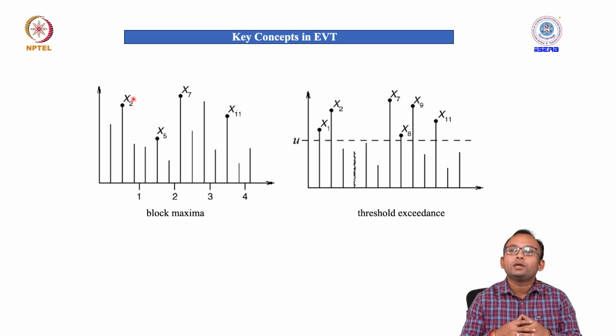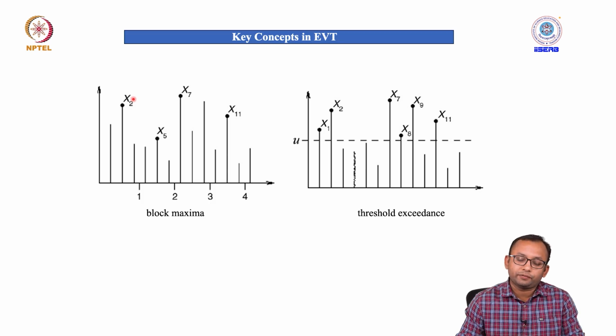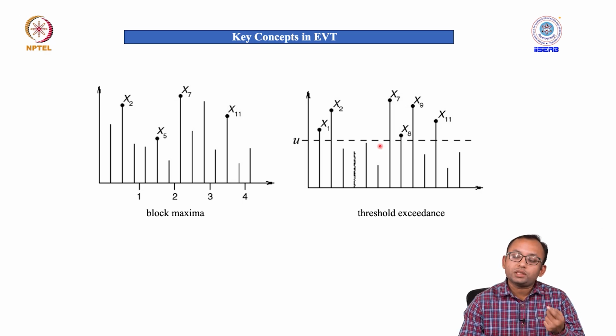Therefore, there is no serial correlation or physical correlation between the different events we have identified. Then another approach is called threshold exceedance, where you assume a certain threshold, and we find out which peaks cross above that particular threshold.